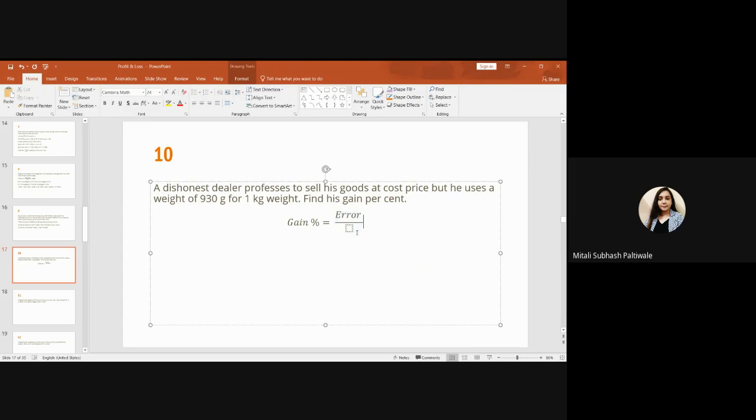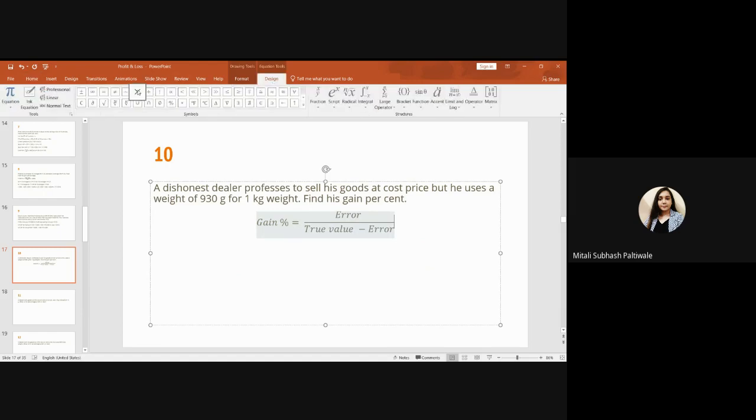Error by true value minus error, into 100. Now, what is error? Error means the actual weight and the weight which he has put across. So that's the thing.